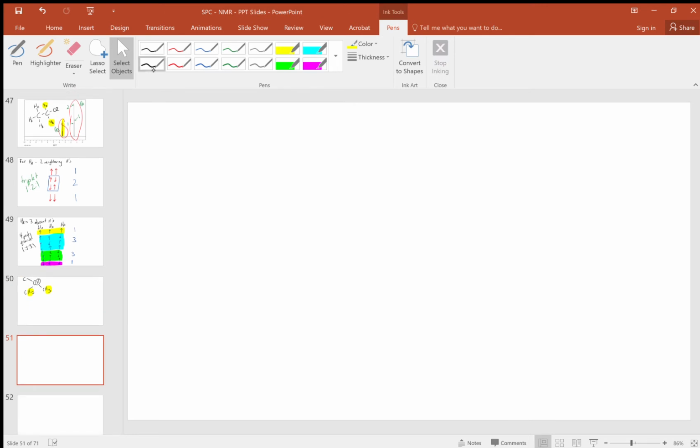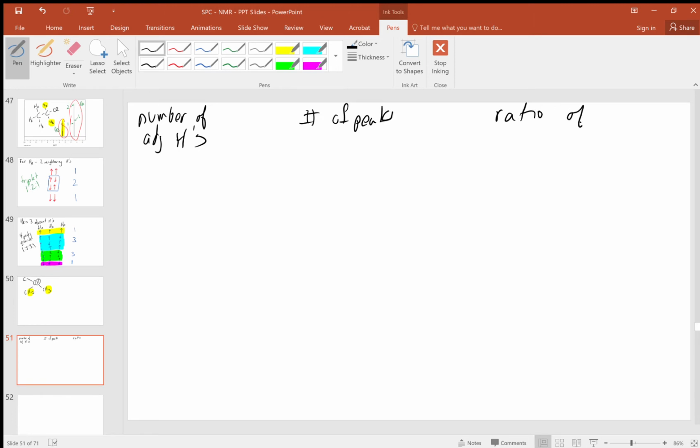Well, let's look at the following. So over here, number of adjacent hydrogens. We'll talk about the number of peaks. And then what are the ratio of those peaks? And we'll see if we can more easily make predictions.